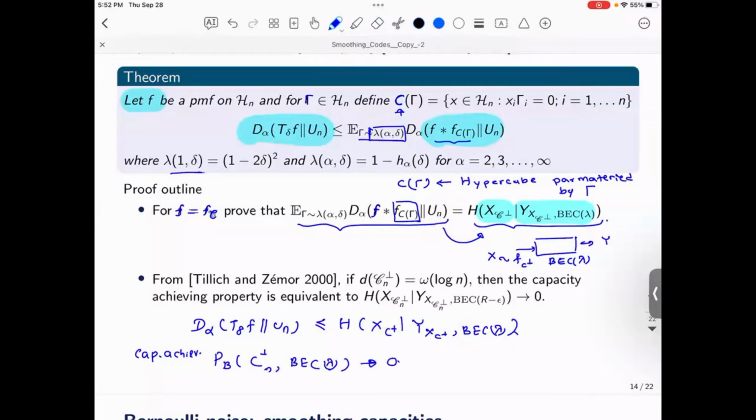This is what we mean by capacity achieving codes.